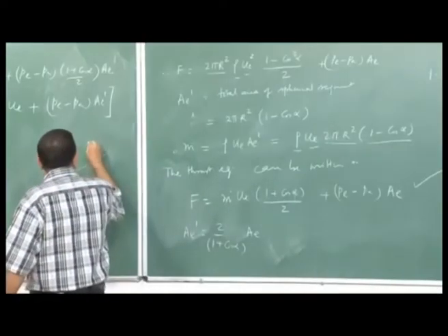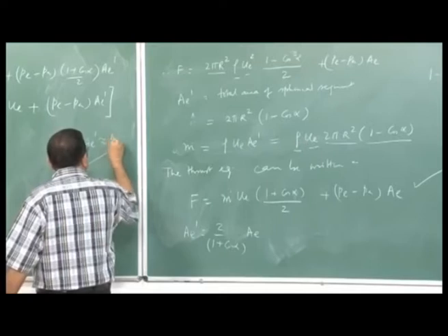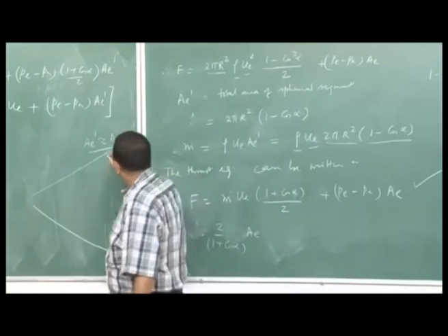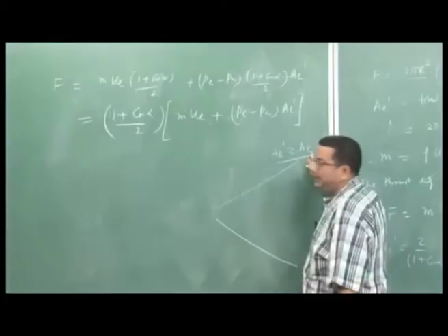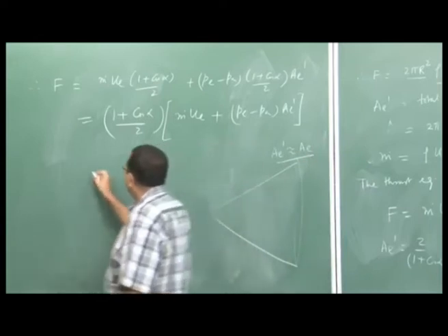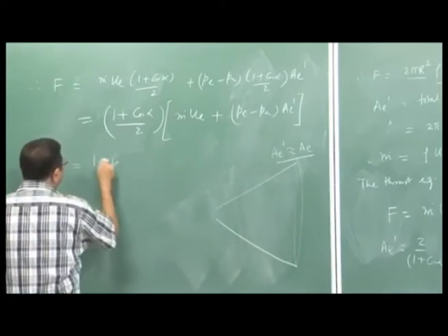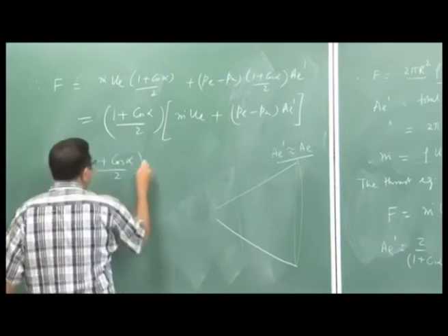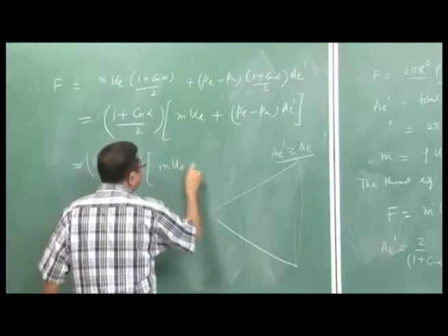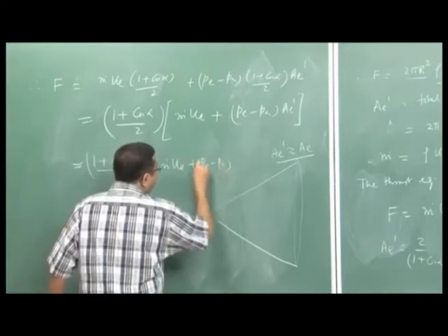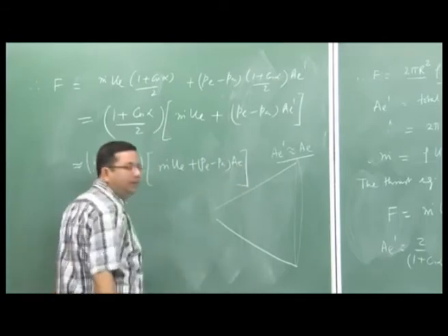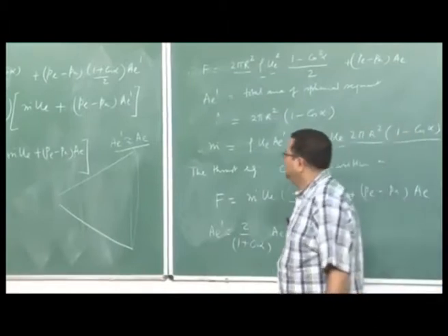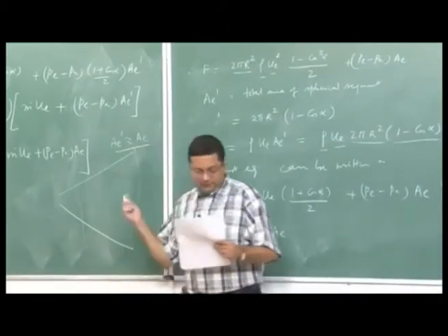So, typically A dash is almost equal to A. So, we can replace A dash by A here. In that case this is almost equal to (1 plus cos alpha)/2 times [m dot u e plus (P e minus P a) times A e], because for practical rockets this area ratio is large. So, A dash is almost equal to A. So, we can write it like this.